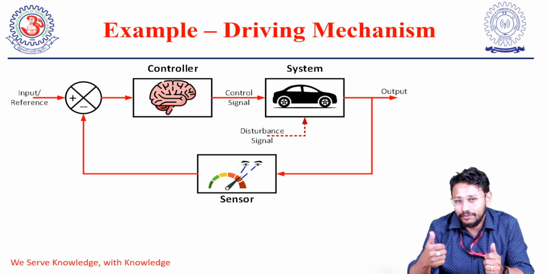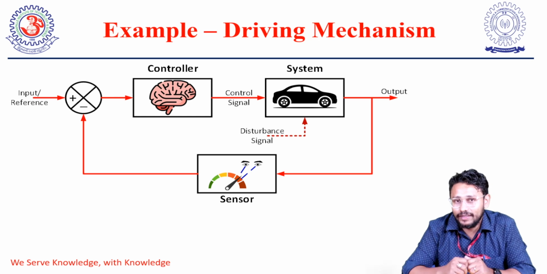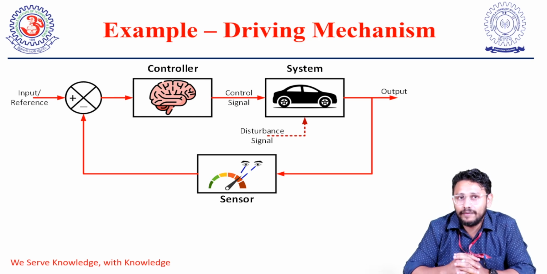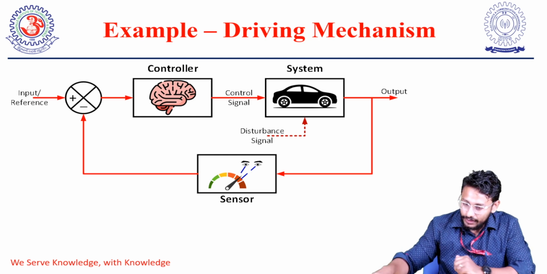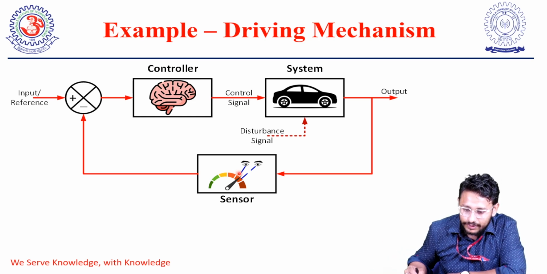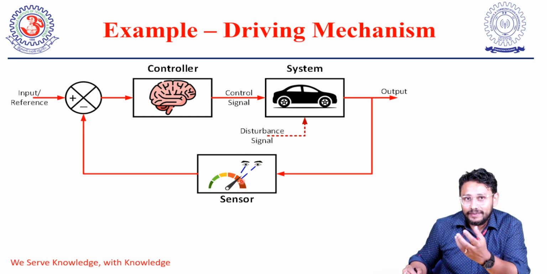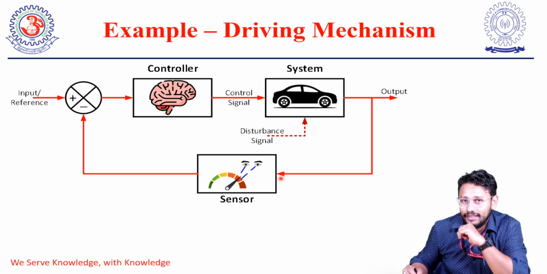Say, for example, I need 60 kilometers per hour. I have that in my mind and I press the accelerator, and the speed that I observe in the sensor mechanism, I'm sorry for the word sensor, the speedometer and your eyes, combined act like a sensor there.